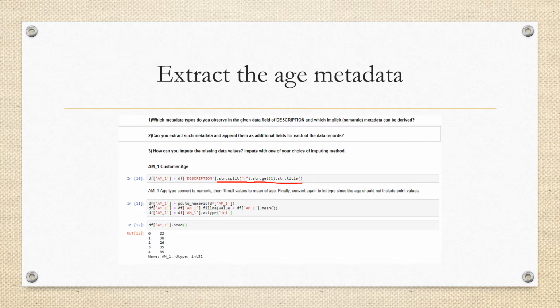So I change this data into the numeric type first, and then I fill the null values with the average of the age column. And finally, I change the type to int data type. So we can see the first 5 records only show ages like 22 years old or 38 years old.